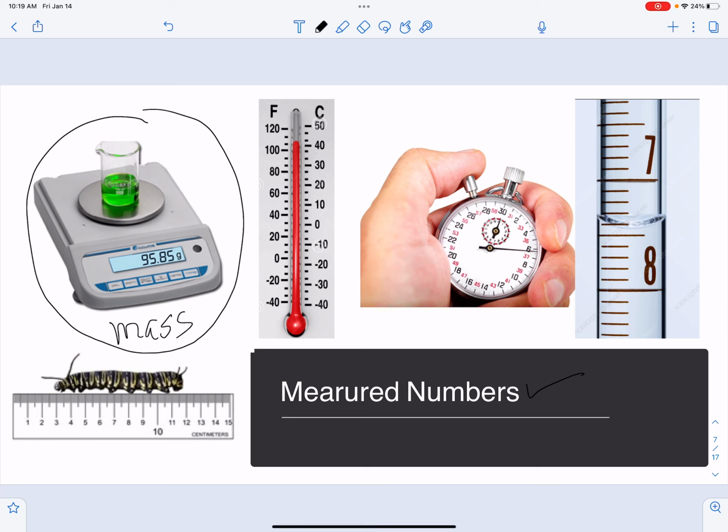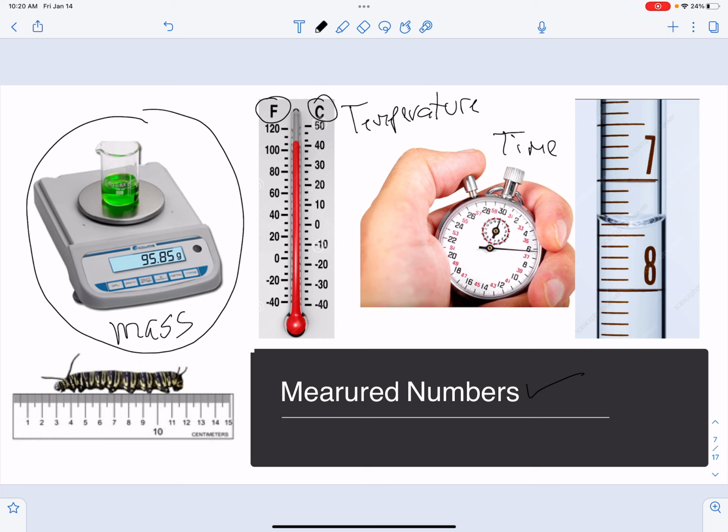I can also measure temperature. And notice that this particular instrument allows me to measure in degrees Celsius and Fahrenheit. I can also measure time. And this instrument appears to be measuring seconds and fractions of seconds.